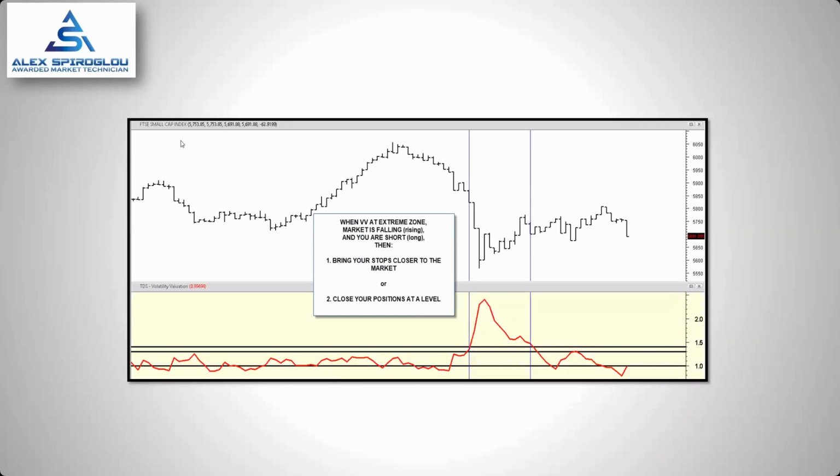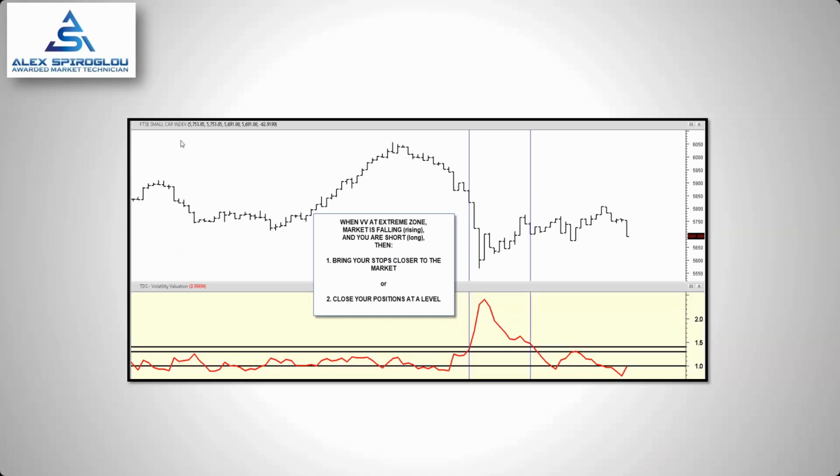When volatility valuation is in an extreme zone, the market is falling and you're short, for example, if you were lucky enough to be in this market shorting it, seeing that volatility valuation is at an extreme should be a warning to bring your stops closer to the market, or if you're more risk averse, to close your position, because given that it is at an extreme level, a bottom becomes even more likely.